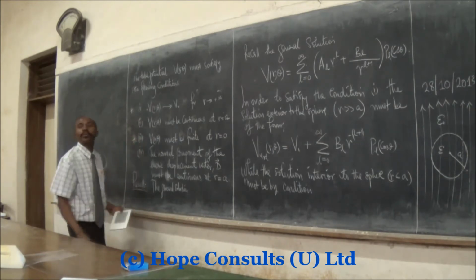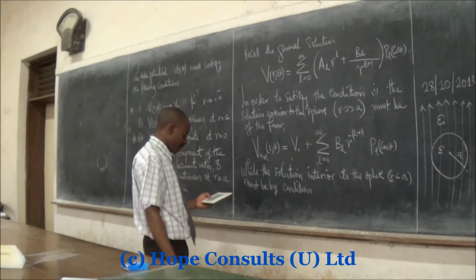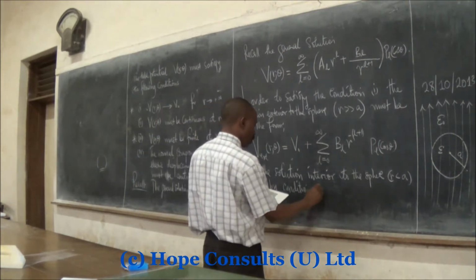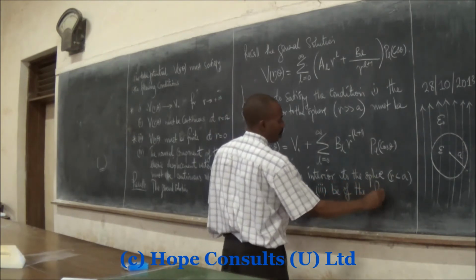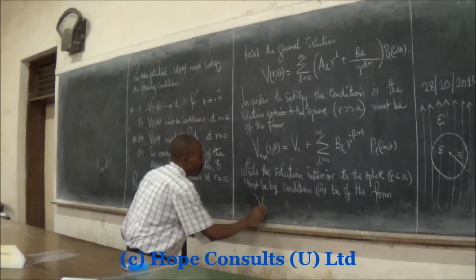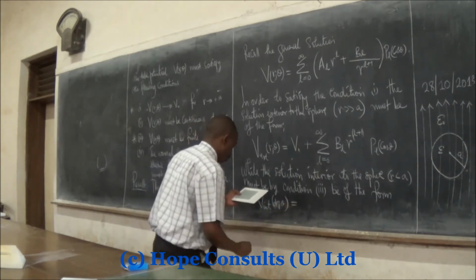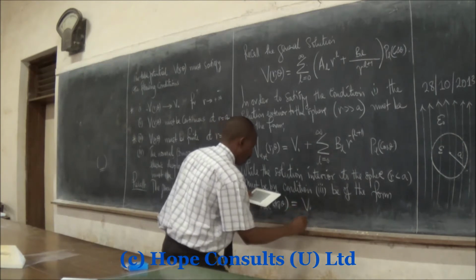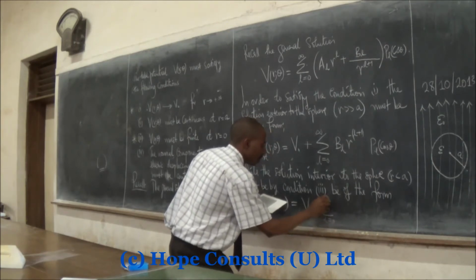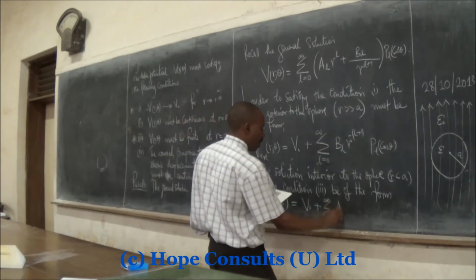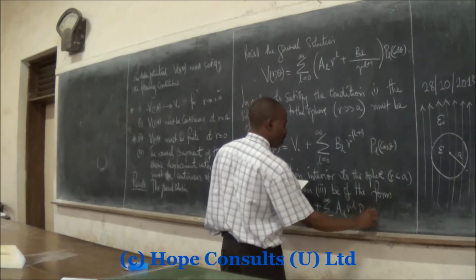When we have the center, when we have r equal to 0, that's when we are less than the radius, interior to the sphere, and it must be condition 3, and it will be of the form V interior(r, theta) is equal to V naught plus the summation l equal to 0 to infinity of A_l r^l P_l(cos theta).